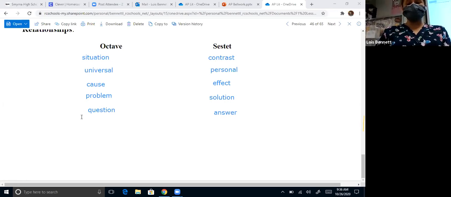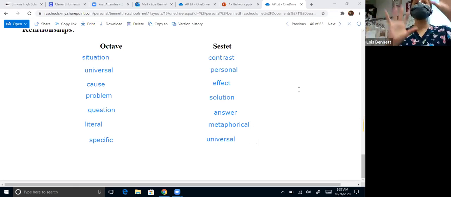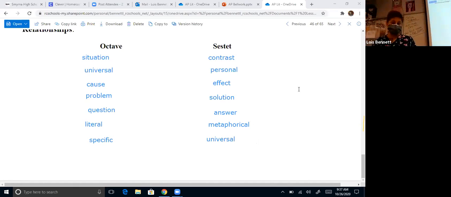You might also have in the octave a literal problem or a literal scenario that then becomes metaphorical in the sestet. Or you might have a specific situation in the octave that then gets applied universally in the sestet. And we could go on and add a whole lot of relationships here.